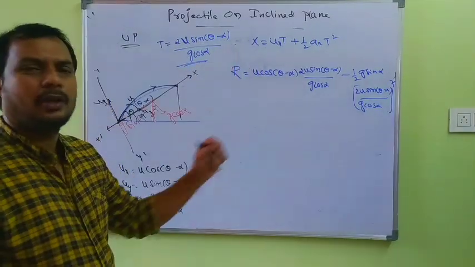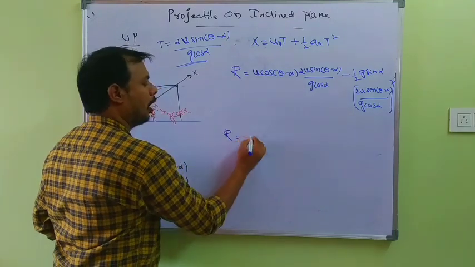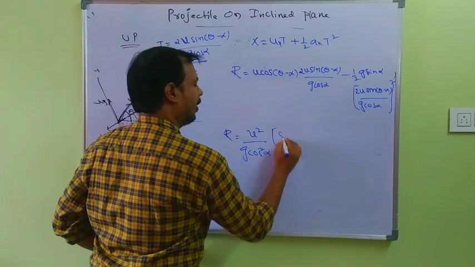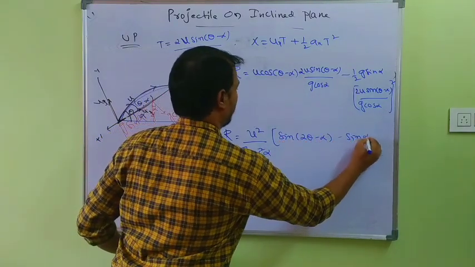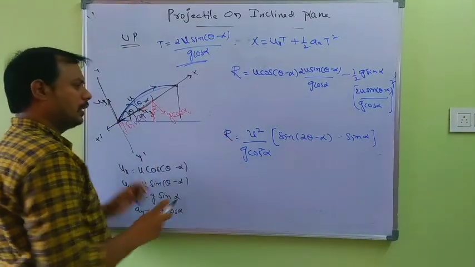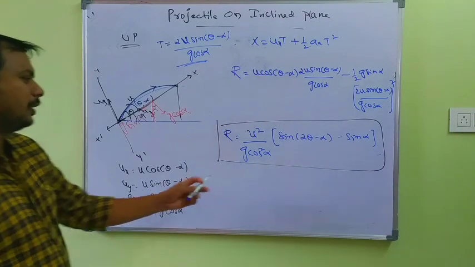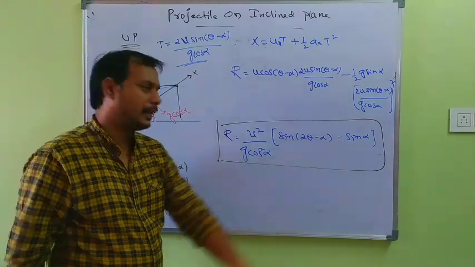So this is the expression for range. After simplification, we get the range R equals u square by g cos square alpha, times sin(2 theta minus alpha) minus sin alpha. So this is the expression for range.